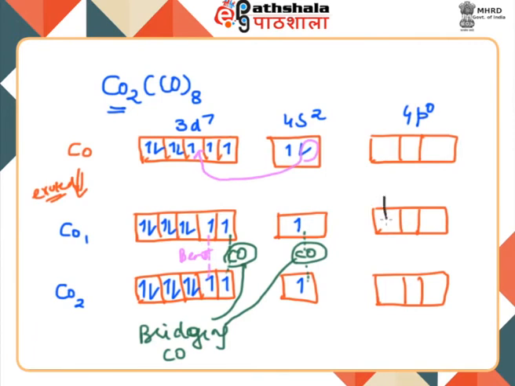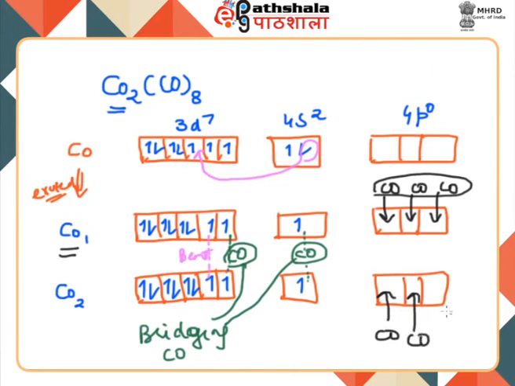One gives the pair of electrons in this vacant p orbital, another will give here, another will give here. So you can see these are the 3 terminal carbonyls on one cobalt, and similarly on the second cobalt there will be 3 carbonyls attached as terminal carbonyl ligands.